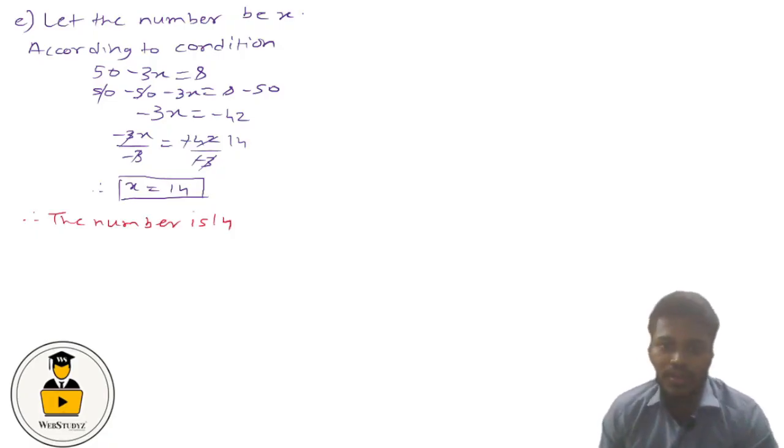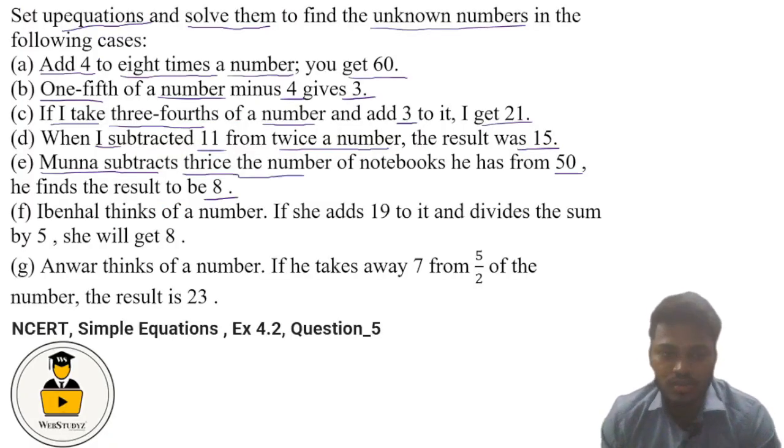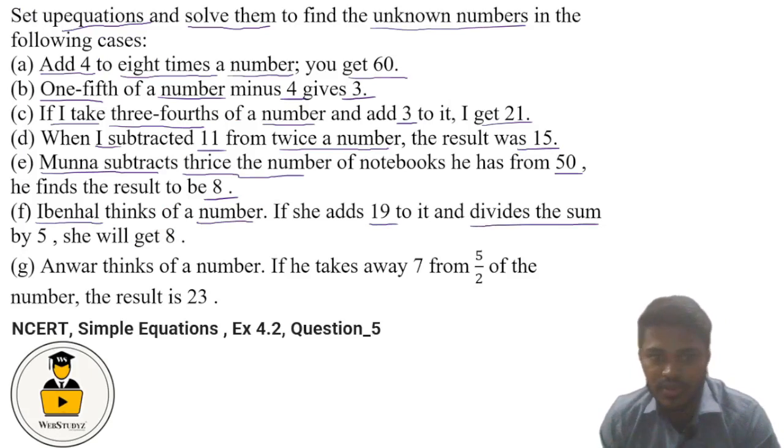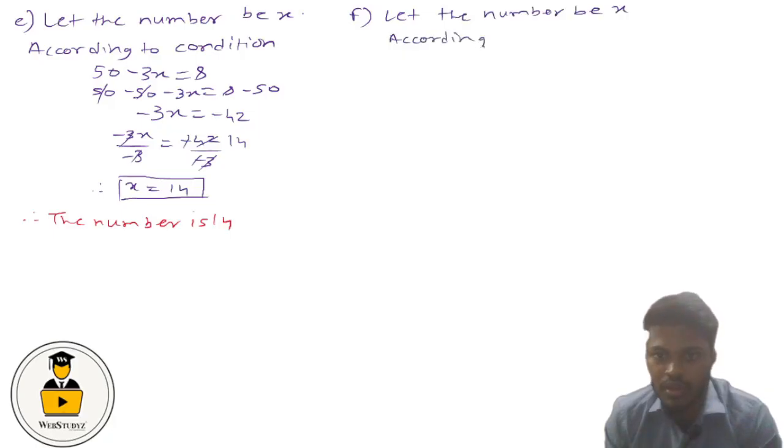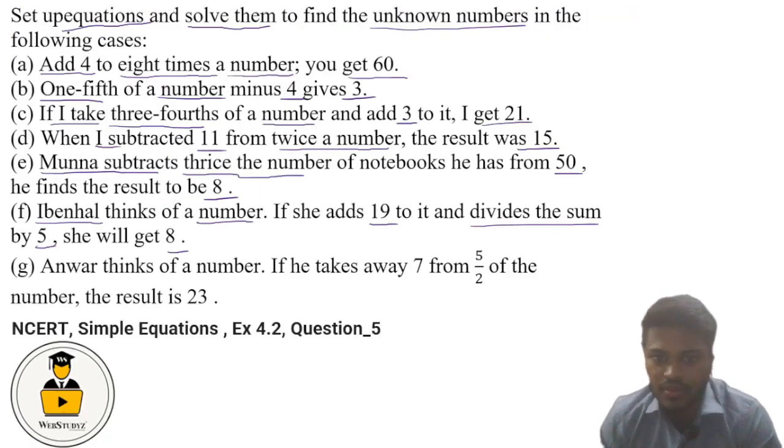Now let us look at the next question. So the next question says that Ibn Hal thinks of a number. She adds 19 to it and divides the sum by 5. She will get 8. So let us assume that the number be x, and according to the condition we have been given that she adds 19 to the number.